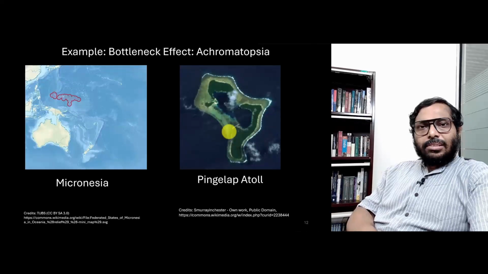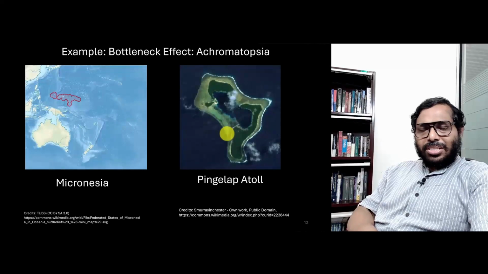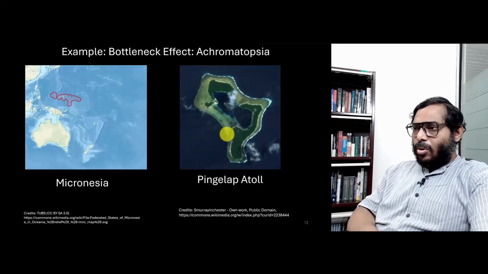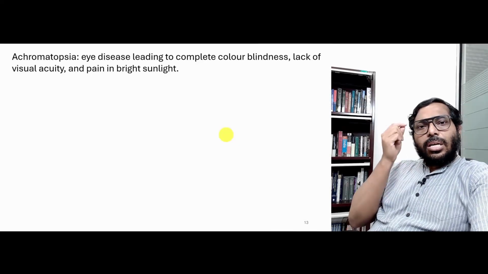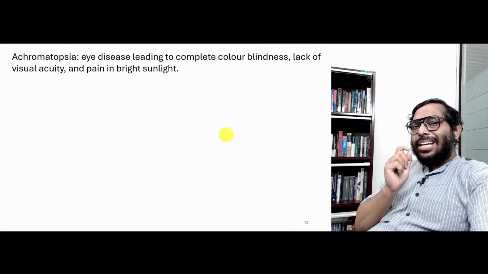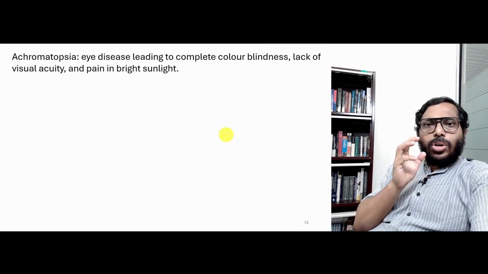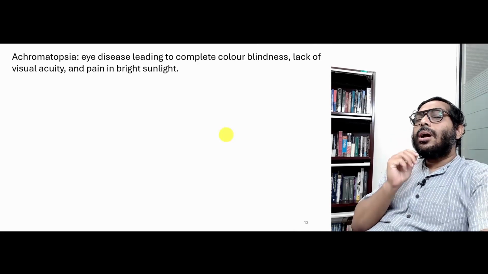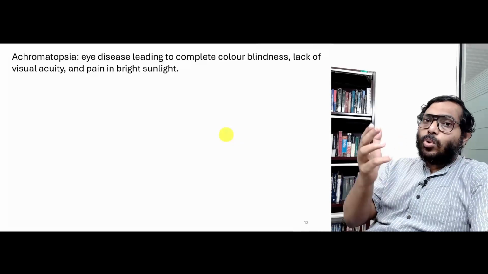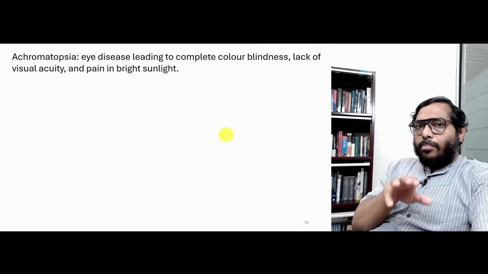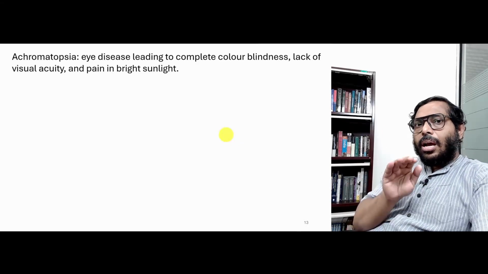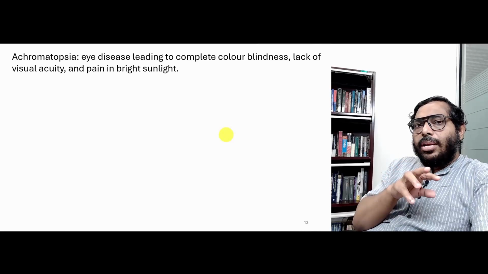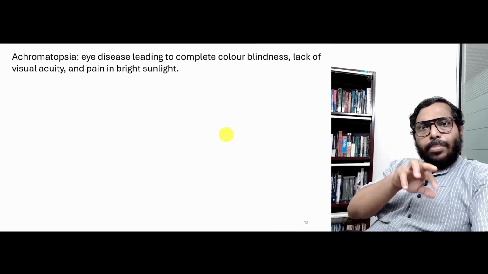Now, why is this place interesting? Why is this place so well known in whole of biology? That is because there is a certain condition known as achromatopsia. What is it? It is an eye disease which leads to complete color blindness. Now, what do I mean by that? Normally, color blindness is about inability to distinguish between certain pairs of colors.